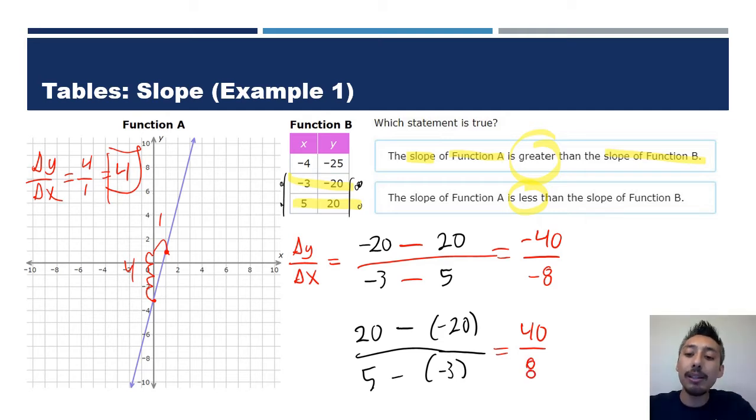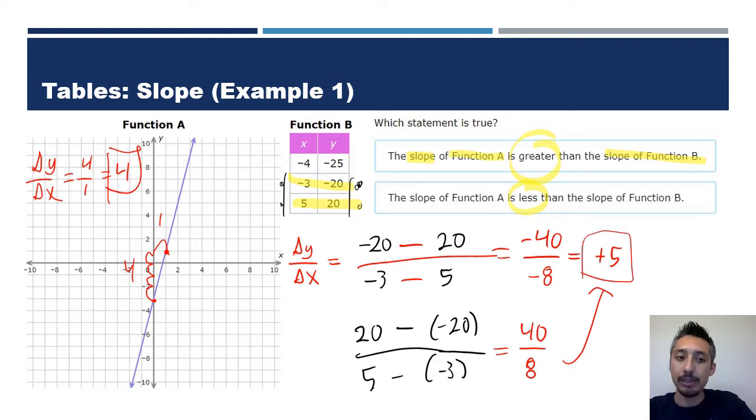These answers might look a little different, but they're technically the same thing, because a negative 40 divided by a negative 8 will give you a positive 5, because negative divided by negative is positive. And at the bottom, 40 divided by 8 is also 5. So they have the same answer.